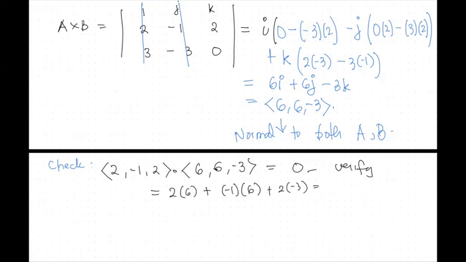Of course, this will be gone, and then this will cancel with the other one, and then you get 0. So here, A and A cross B are perpendicular.